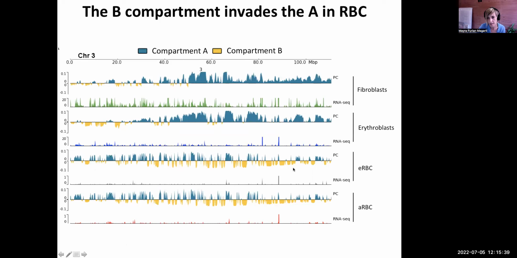And interestingly, what we could see is that there is an invasion of the B compartment on the A compartment in the erythroblast and in the red blood cells, both the embryonic and the adult ones, so that heterochromatin is pretty much invading euchromatin in these cells, as you can see here by the increase in the yellow signal in these tracks.